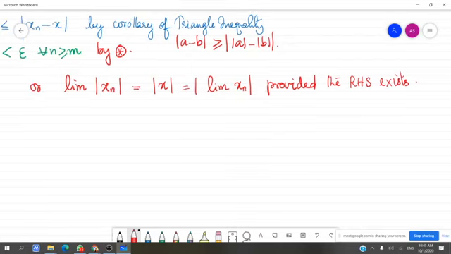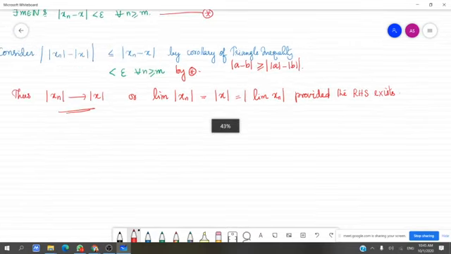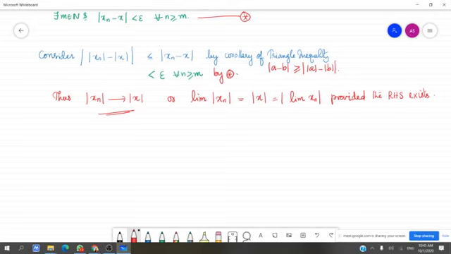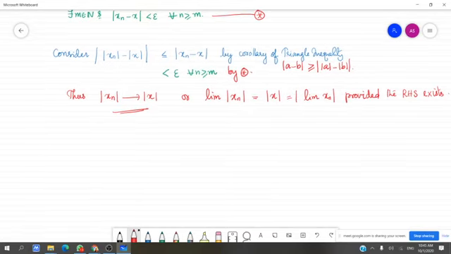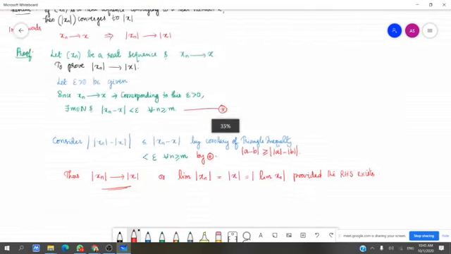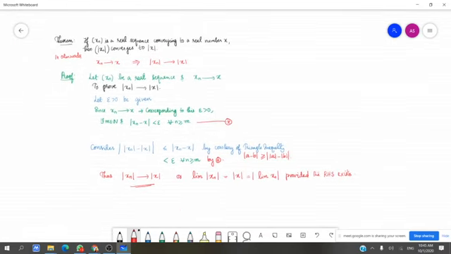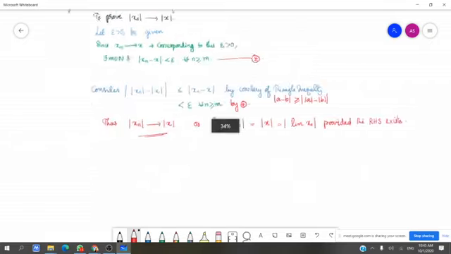If the limit of xn exists, then the limit of mod xn also exists, and the limit of mod xn will be the modulus of the limit of xn. So that is the theorem. So we have proved the theorem. If xn converges to x, then modulus of xn also converges to mod x.